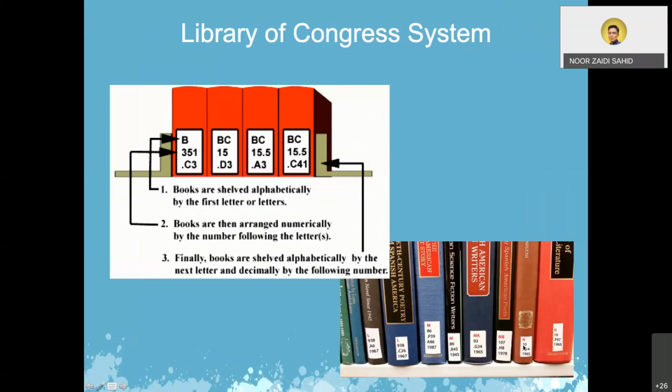Kalau kita tengok penggunaan ini semua ada di dalam manual. Dan seperti yang saya jelaskan tadi, they provide you with the character of the author and then the year of publication as well. The same concept but different technique, numbering.